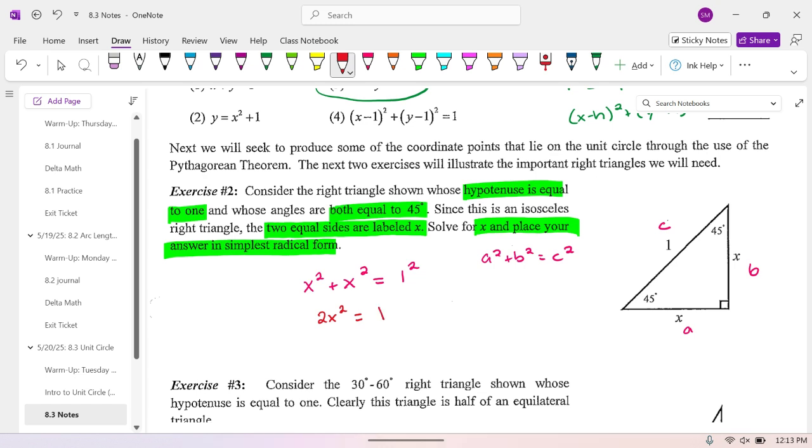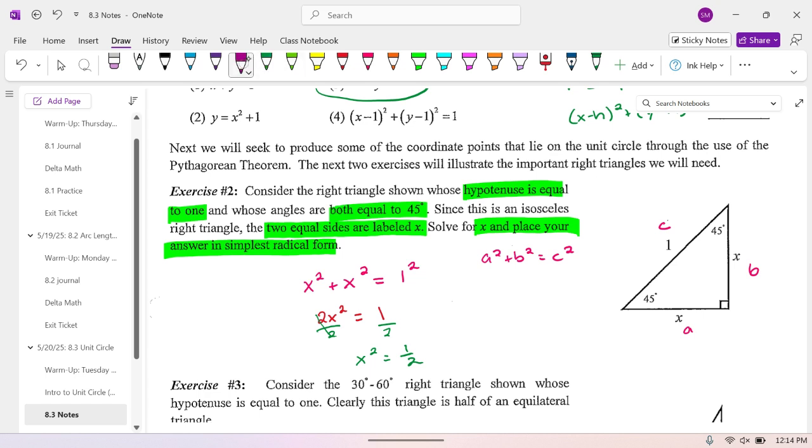Just 1. All right. Now I need to solve for x squared. So what do I need to do first? To get x squared by itself, I need to do what? Divide by 2. So I get x squared is equal to 1/2.